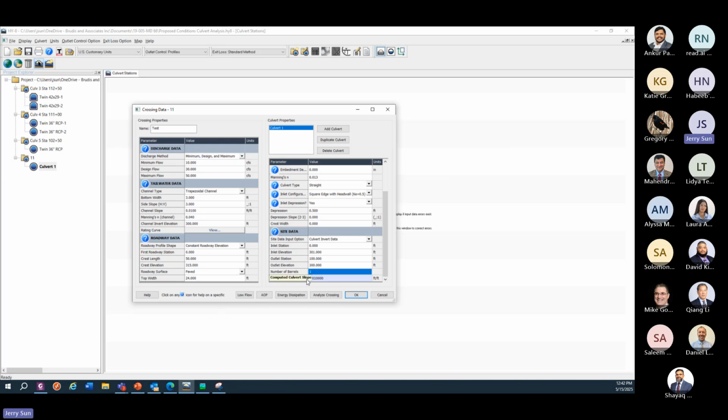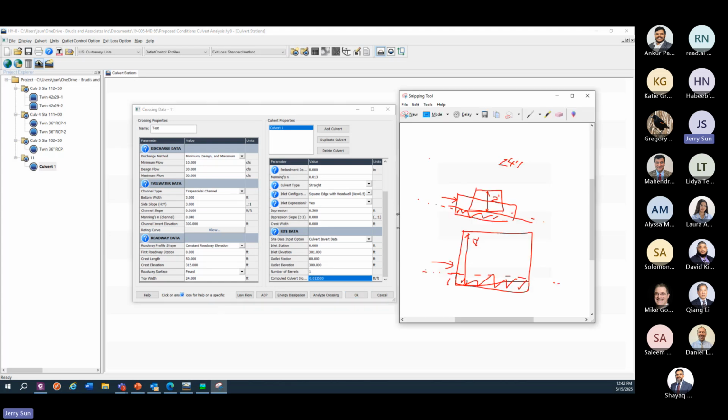Then the slope is automatically calculated as 1%. If your culvert length is 80, then the slope just changes. So basically we use the same channel inlet elevation and pipe outlet elevation.